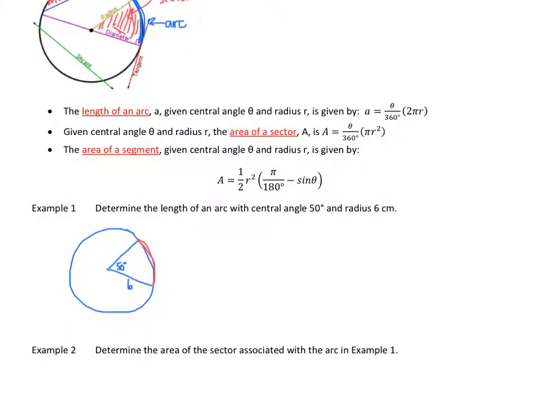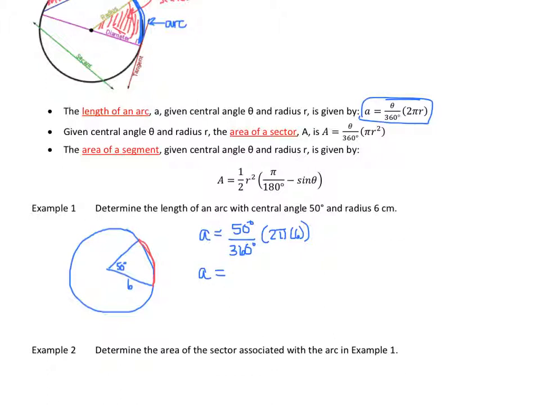Using your formula for arc length, the first one, we're going to plug in our radius and our central angle. We'll plug in 50 degrees for theta. So it'll be 50 divided by 360 times 2 times pi times 6.